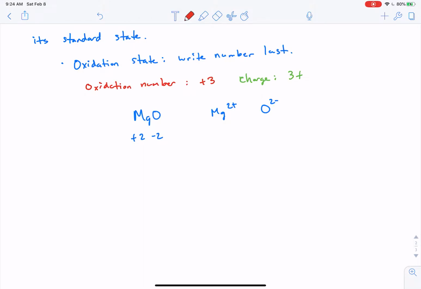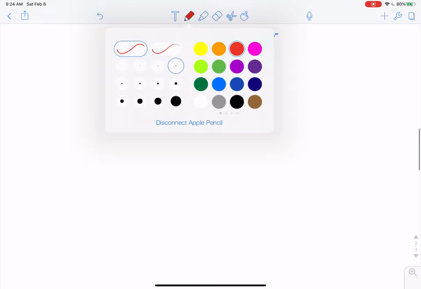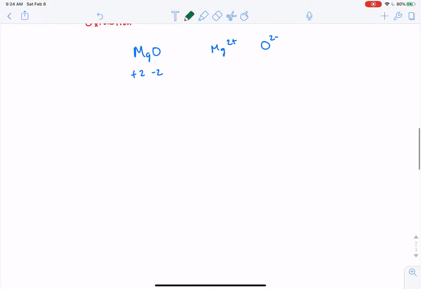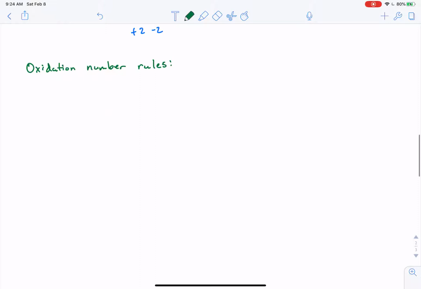So now we have some rules about oxidation number. This might be a little different order than we did before. 1.